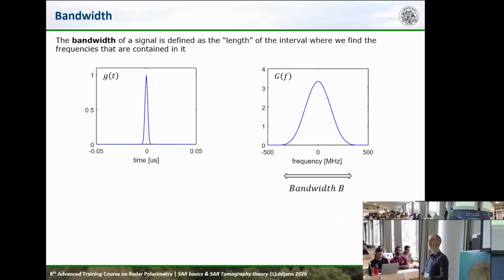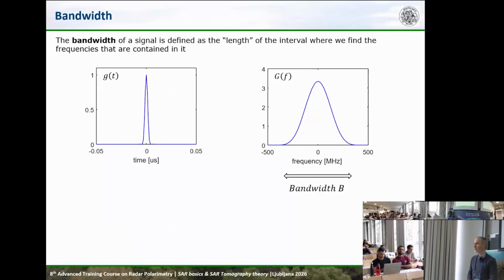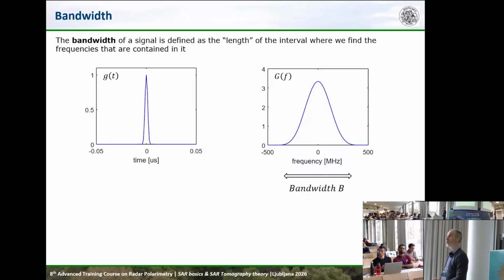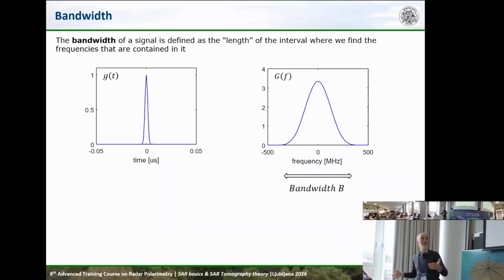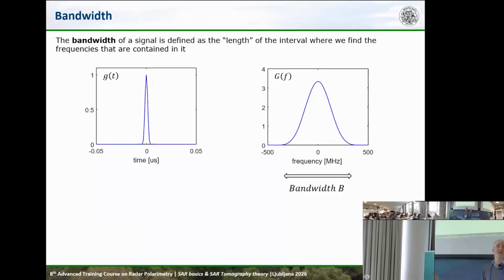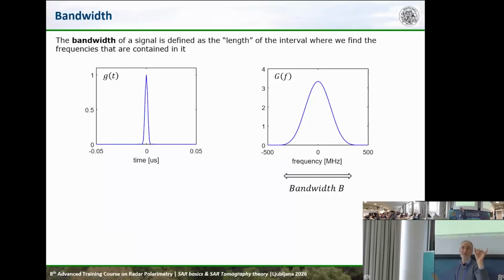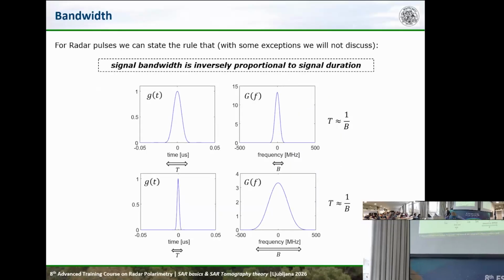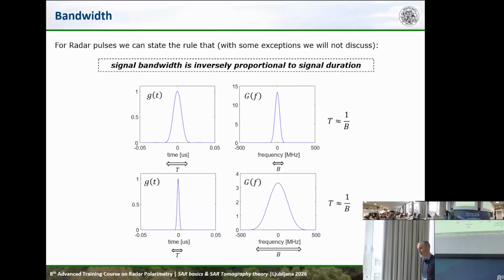Now, with this frequency representation, I can finally introduce the concept of bandwidth. What is the bandwidth? Well, the bandwidth is simply, pass me the term, the duration of a signal in the frequency domain. So it is the interval of frequencies that the signal occupies. And for radar pulses, we can state this rule.